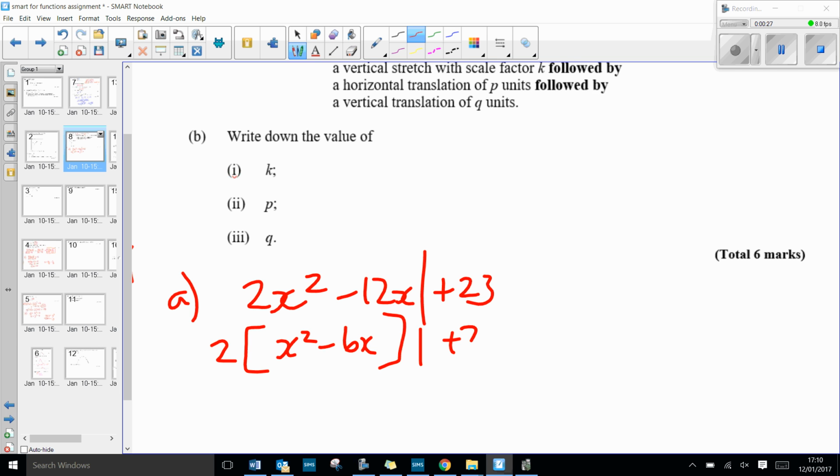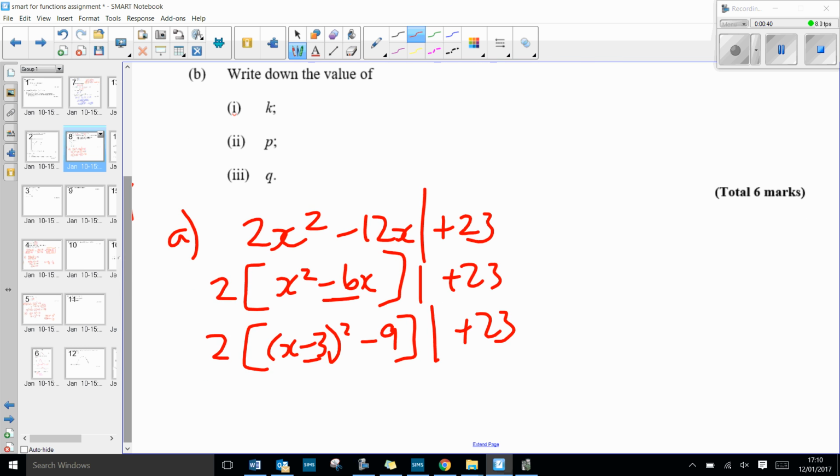We then half this number and subtract that squared. This 2 affects both things inside the bracket, so it's 2(x minus 3) squared minus 18, and then simplify.